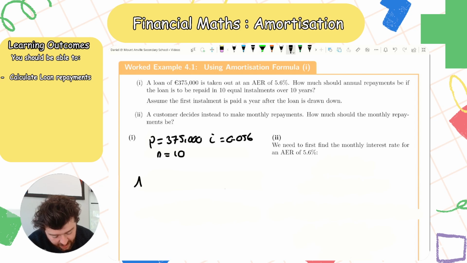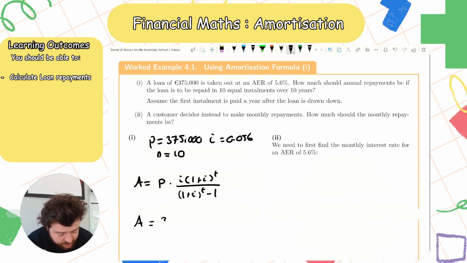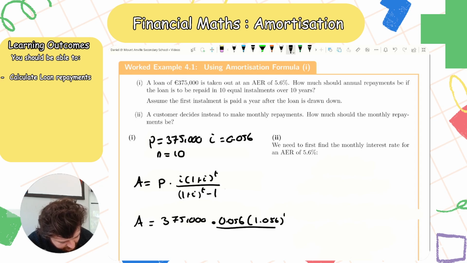So put in A equals P times I times (1 plus I) to the power T, all over (1 plus I) to the power T minus 1. So A equals 375,000 times 0.056 times 1.056 to the power of 10, all over 1.056 to the power of 10 minus 1.